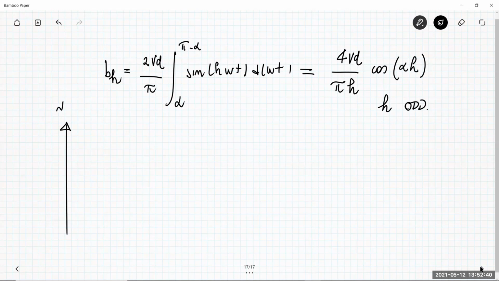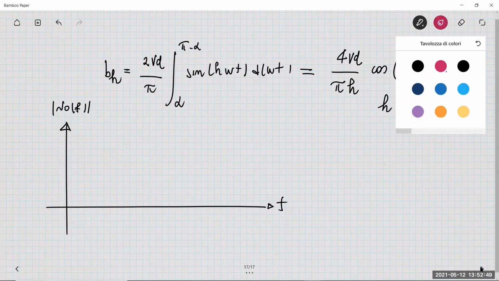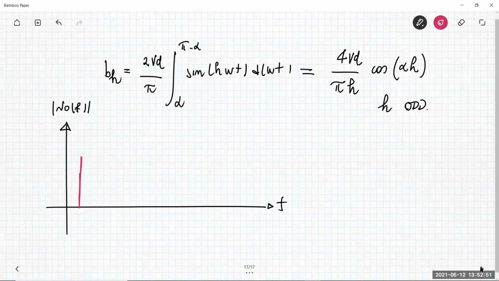So let me plot the spectrum that I just computed. I have the fundamental component F1 that I obtain by using H number 1. So H is 1 here, and the amplitude is 4 Vd over p cosine of alpha.